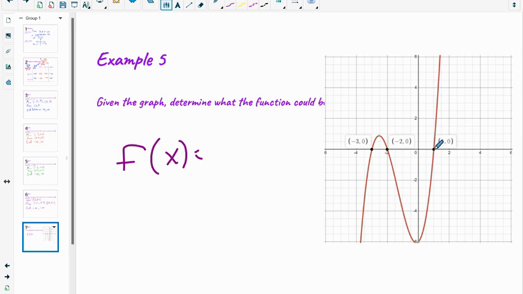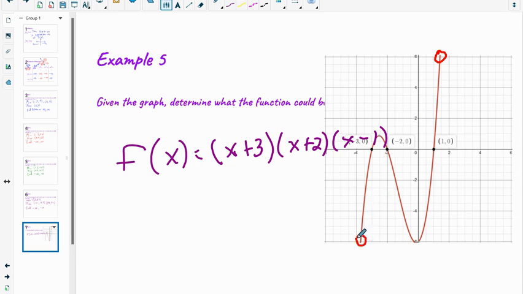So we're going to write them out as x minus, but if we take x minus -3, that's going to simplify to x plus 3. Likewise, x minus -2 would be x plus 2. And then we're going to do x minus 1. And we've got to think, does our end behavior match what we want? Well, as x approaches infinity, this one heads off to infinity.